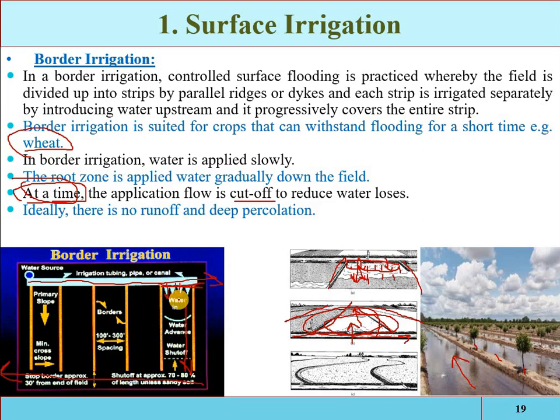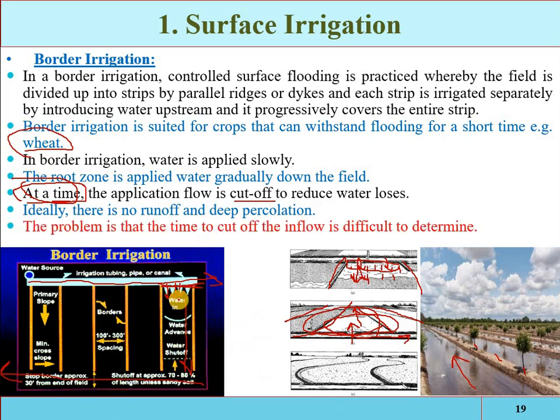If the cut-off time of the irrigation water into a border is properly considered, then the runoff and deep percolation losses will be reduced. The problem is that the time to cut off the inflow is difficult to determine. So there are two approaches. One is the rough approach, the trial and error method, and the second one is the rational equation.